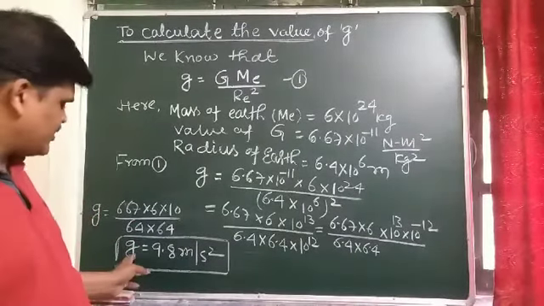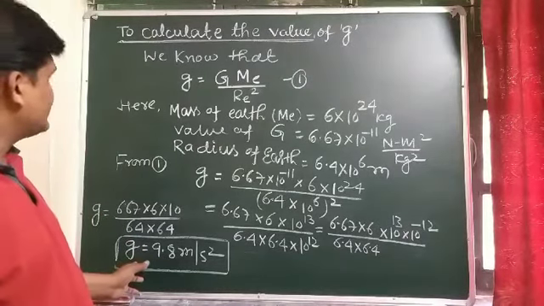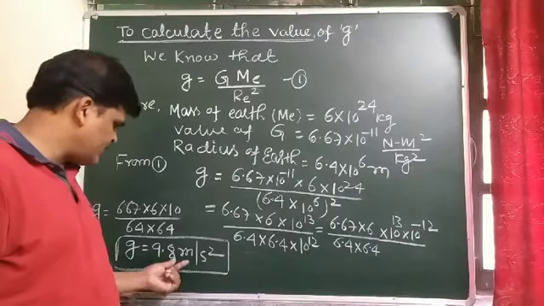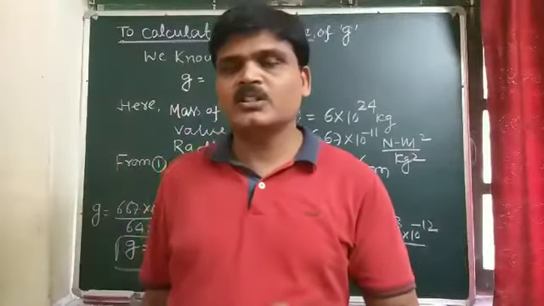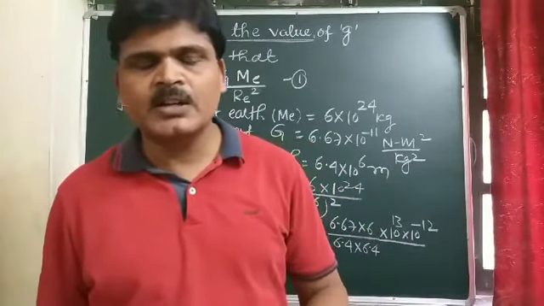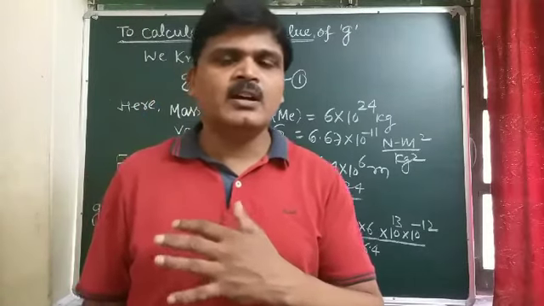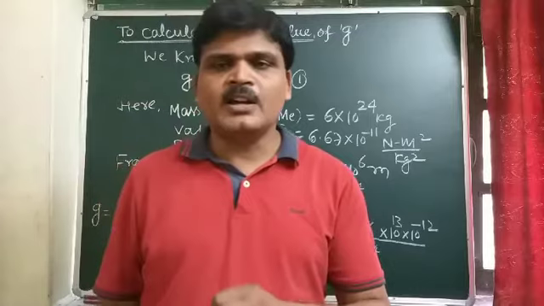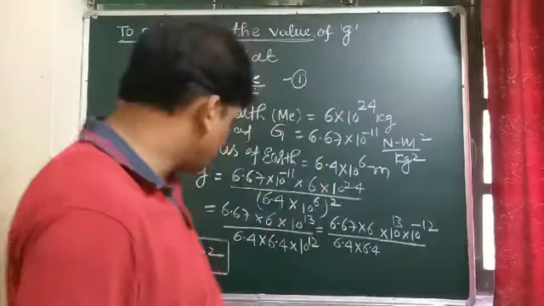Already you know that small g is the acceleration due to gravity near the Earth's surface, which is 9.8 meter per second square. So with the help of the formula g equal to G M_e by R square, we can find the value of acceleration due to gravity near the Earth's surface, which comes out to be 9.8 meter per second square.